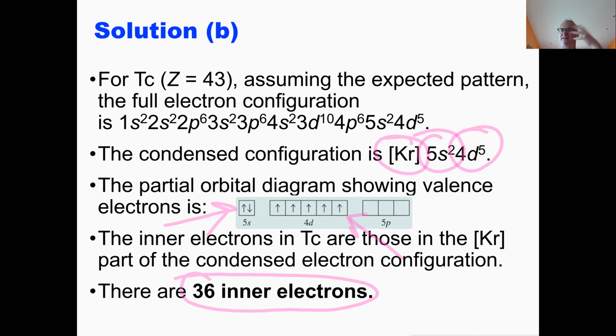Oh yeah, some condensed configurations will give the shell first, whatever's the smaller number for the shell. So it'll switch these two because 4 is inside of 5. But energetically, 5s is less energetic than 4d.